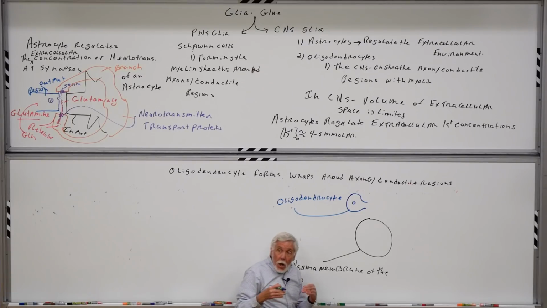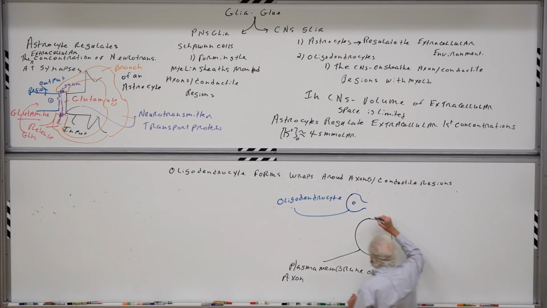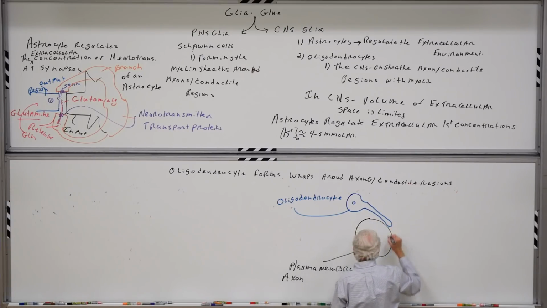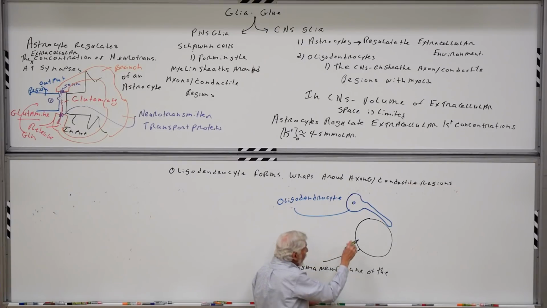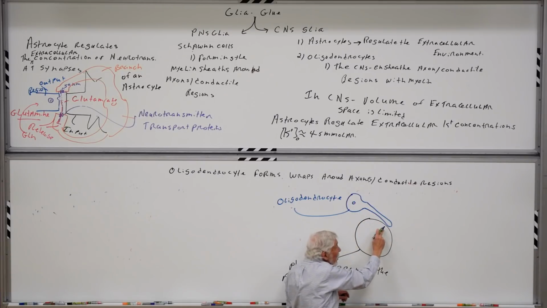So in development, the oligodendrocyte will send out a tongue of cytoplasm which is bounded by the plasma membrane. I wish I'd started farther left. This oligodendrocyte sends this process out and it contacts the plasma membrane of the axon.